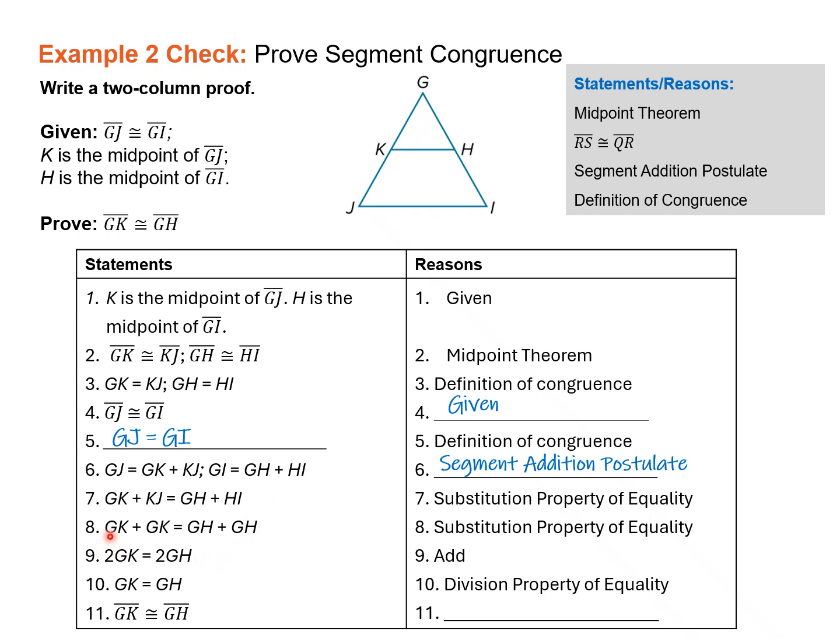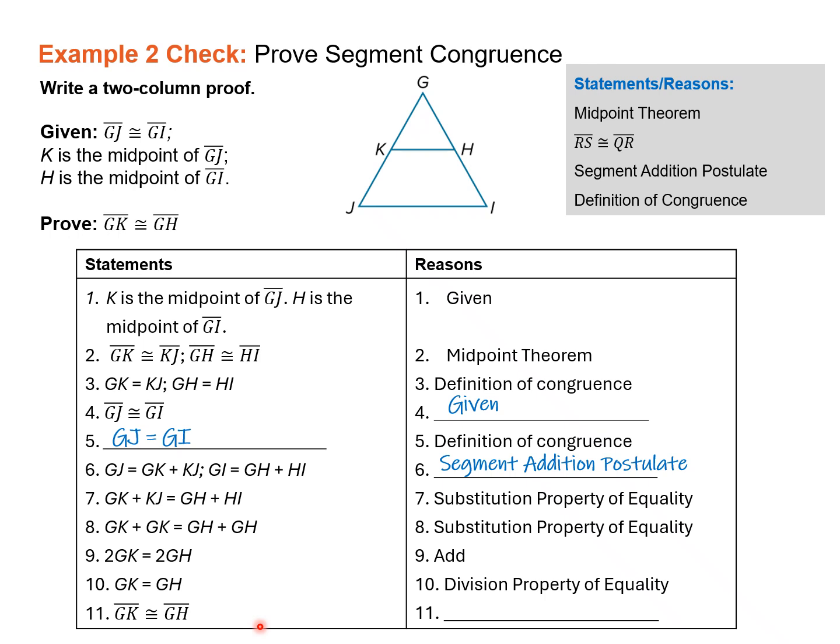And then we can substitute again because we know that GK and KJ are equal. I can substitute and I'd have two GKs, GK plus GK equals GH plus GH because GH is equal to HI. So they substitute it one more time here and here.